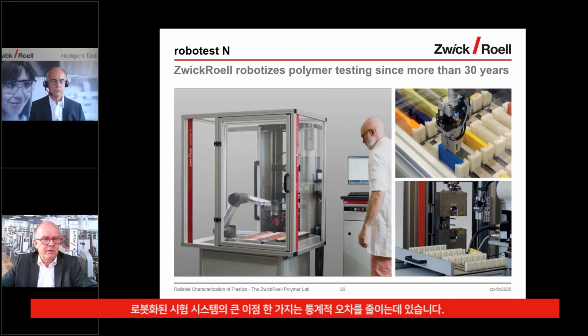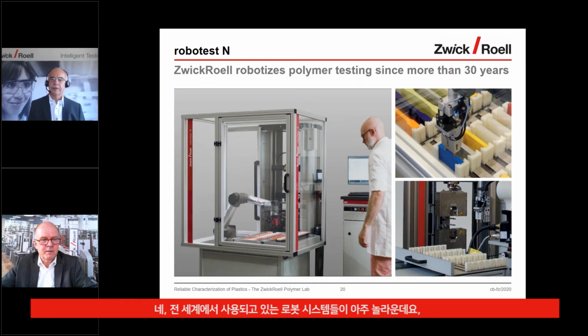One big advantage of the robotized testing system is that it reduces the statistical scatter of the results. This is like having only one operator exactly doing the same thing all the time. So this is surely quite important for those who generate material data sheets for their material.